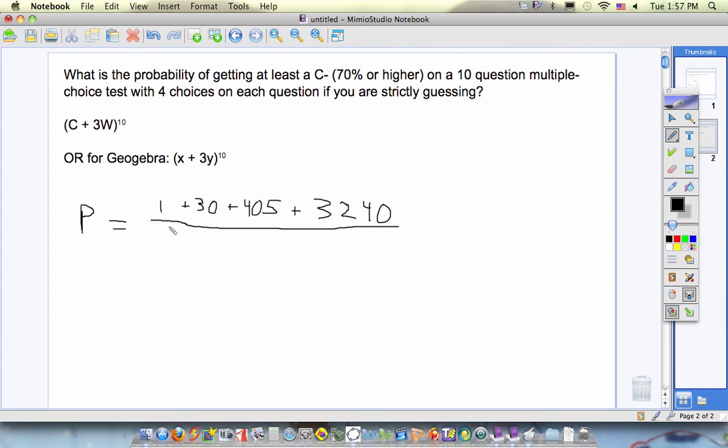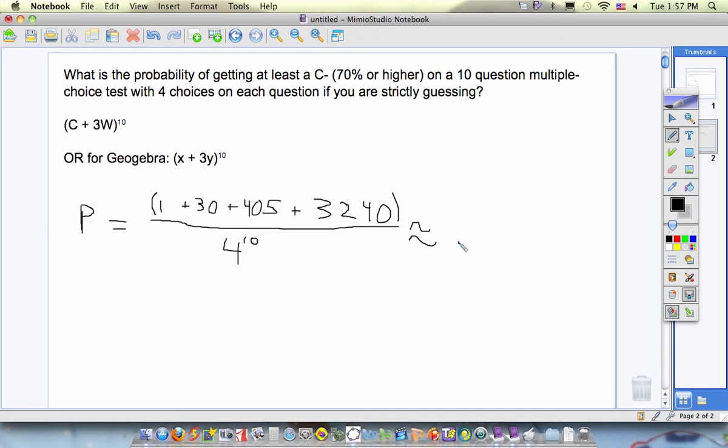Okay, so that's the ways we could get at least 7 correct. And then since there's 4 choices per question, and there's 10 questions, there's 4 to the 10th total ways that this could happen.